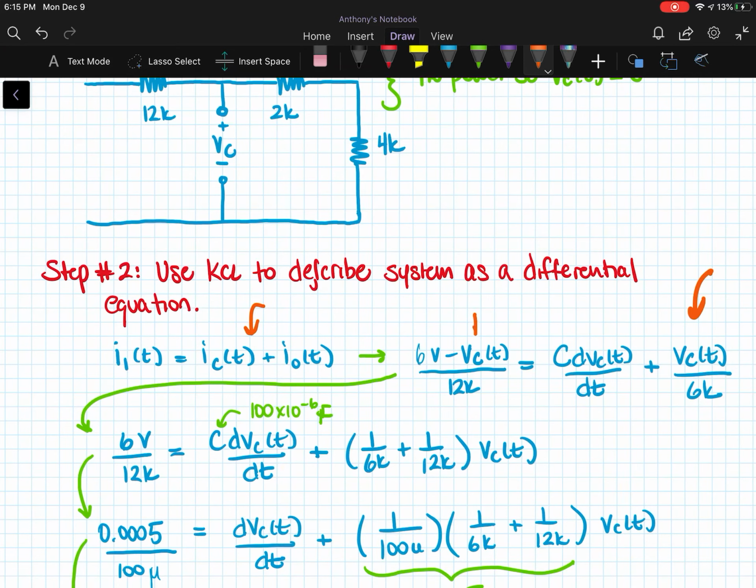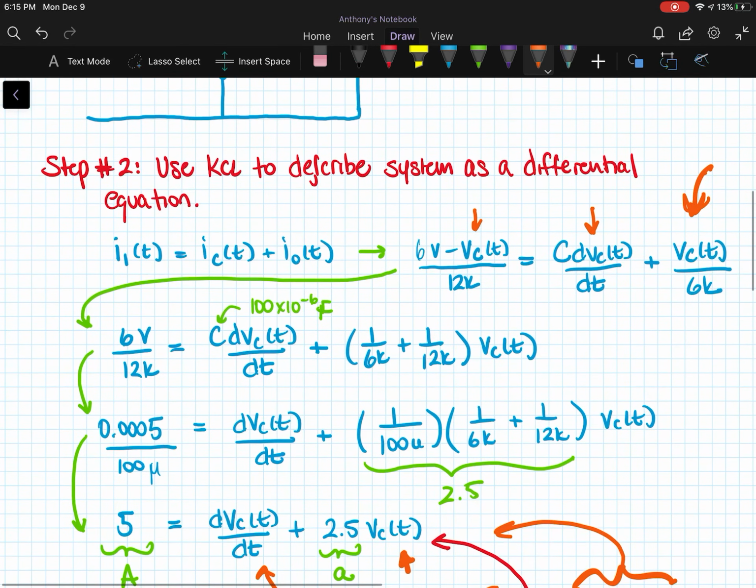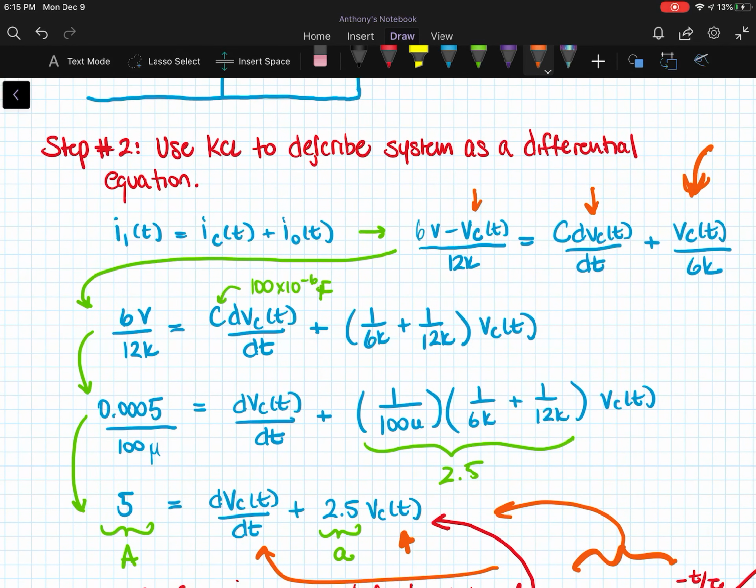So what we're going to do is replace our currents with their equivalent descriptions using Ohm's law, and then here we will replace it using the VI relationship for the capacitor. What we end up with is an equation that looks like this, and we're going to plug in our actual value for C. We are going to sum together the components that are coefficients of VC, and we're going to pull our constant over to the other side.